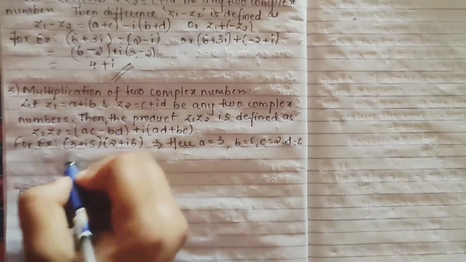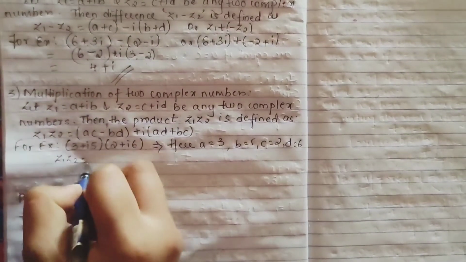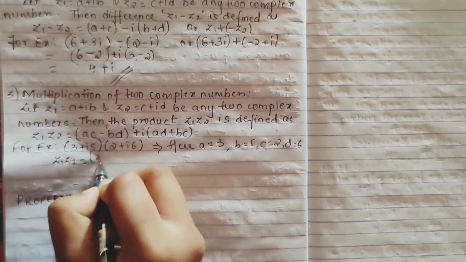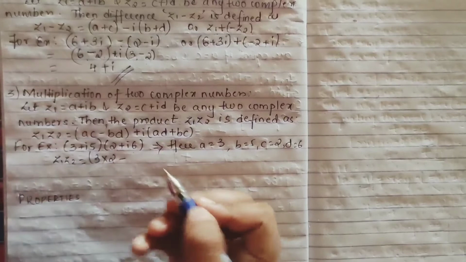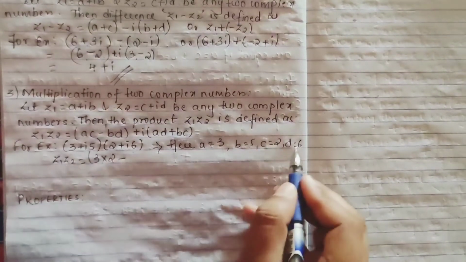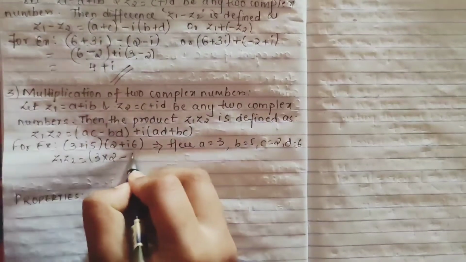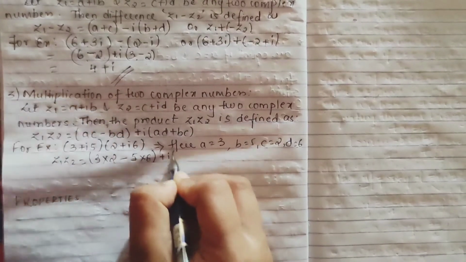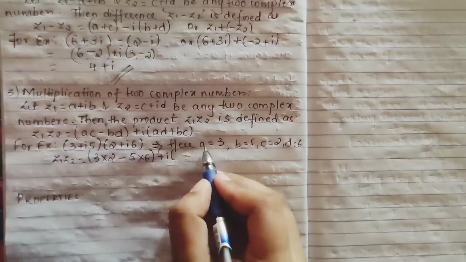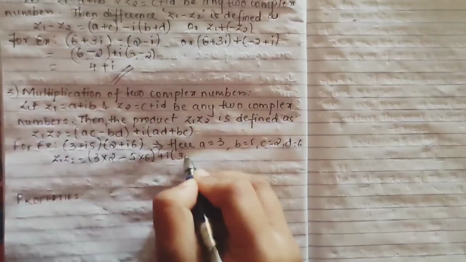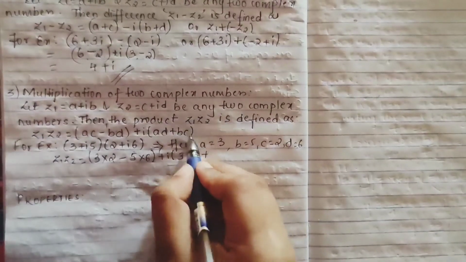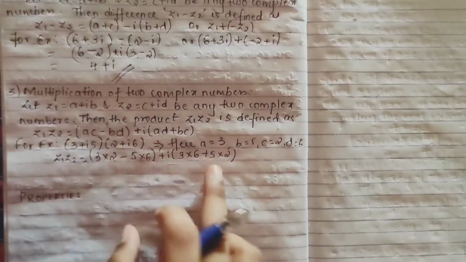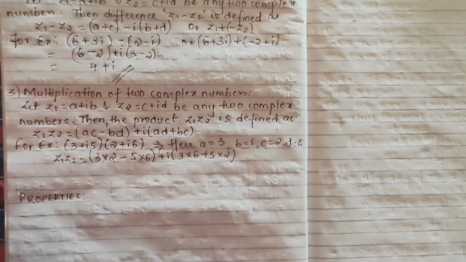Now z1 into z2 is equal to a into c, 3 into 2, minus b into d, 5 into 6, plus i times (a into d, that is 3 into 6, plus b into c, 5 into 2). So you have to remember how we have to multiply, okay, remember it.